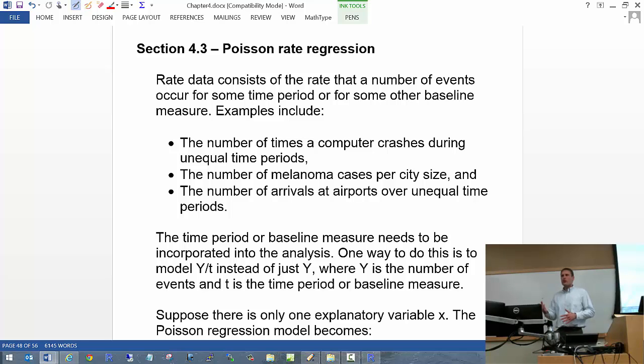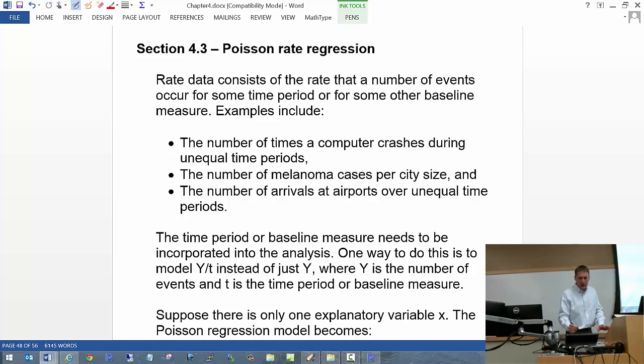But the exposure time itself is not an explanatory variable. All it is, just because of how you observe the data, you need to take that into account. So in those settings then, we have what's called Poisson rate regression models that can be used, where that rate there is what I'm talking about for that exposure time.